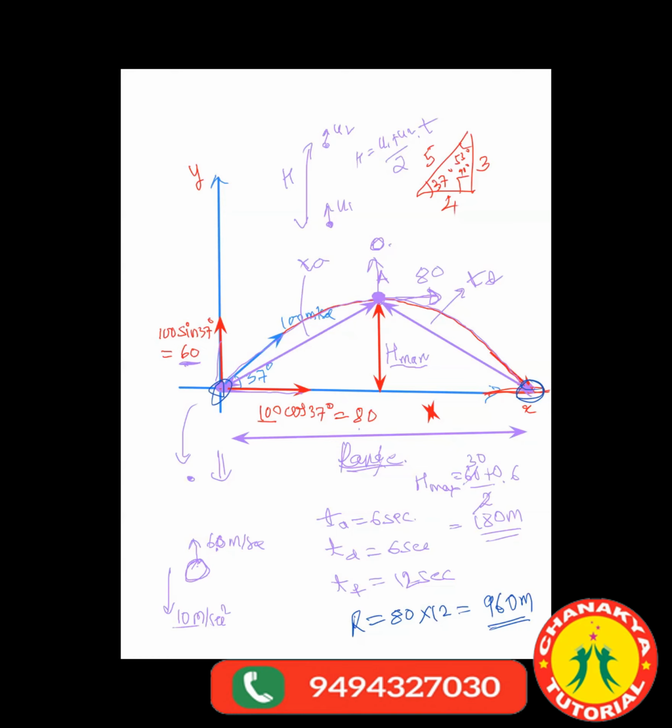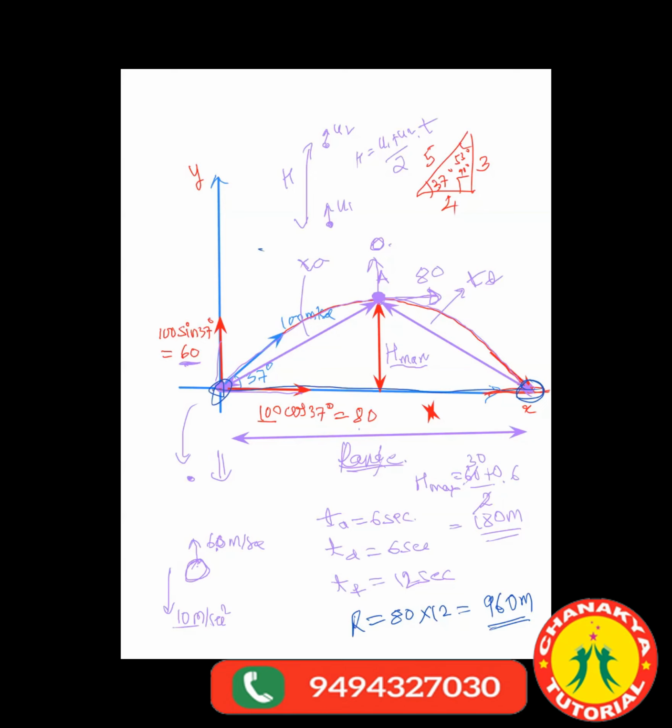No, sir. Can you explain the range part again, please? Yes, Xavier. See, in your early classes, you have studied, right? Velocity is equal to distance divided by time. Yes, sir. So here I need to calculate the distance.